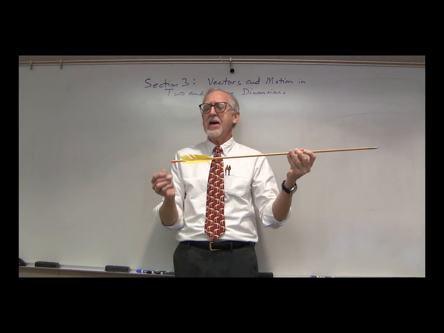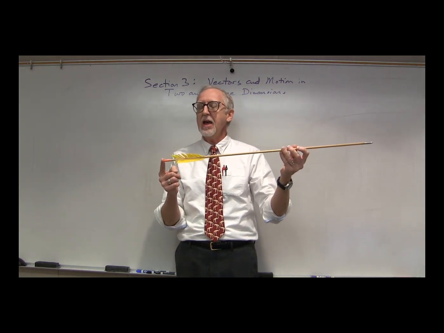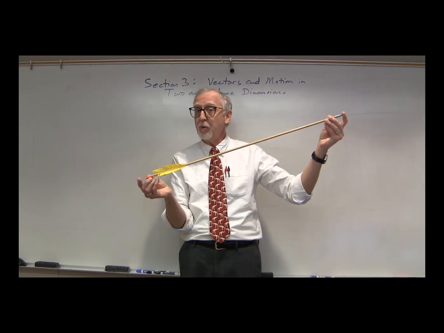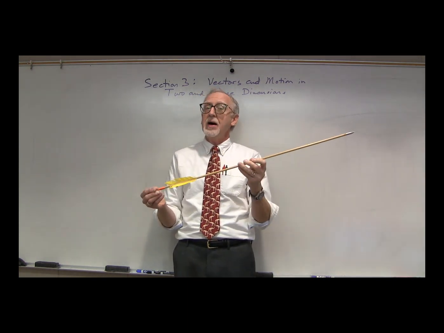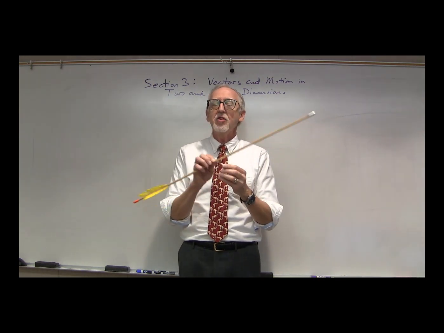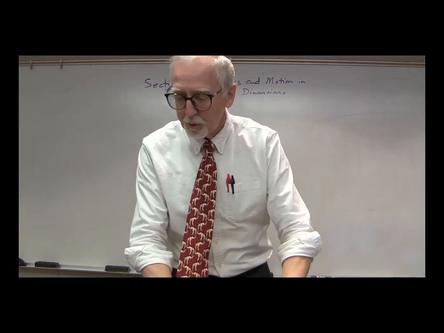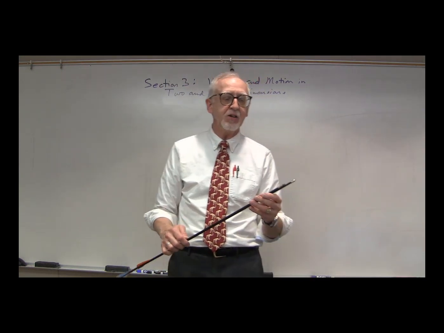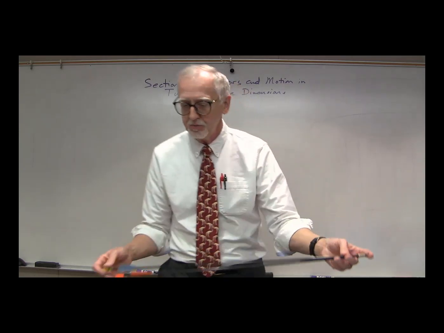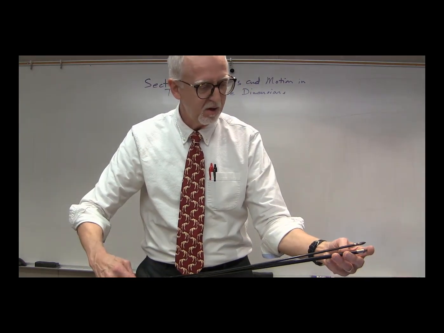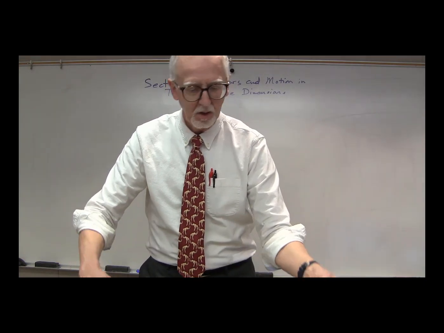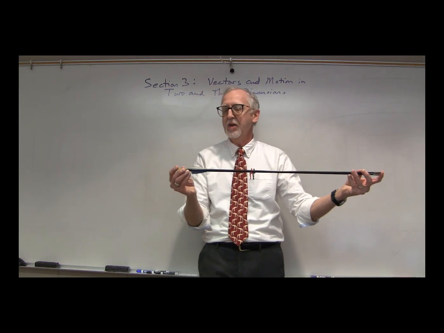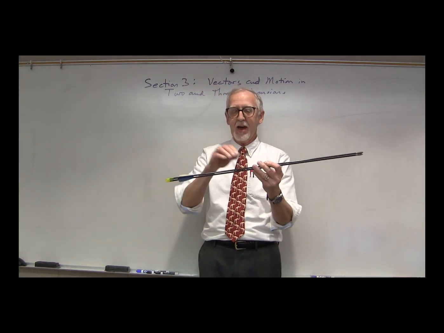Now, an arrow has some characteristics: it starts at a particular point and ends at a particular point. So, an initial point, a final point. But what I want to emphasize is that as long as 2 arrows point in the same direction and have the same magnitude, so if we look at these 2, how about these 2? Here we go. Here are 2 arrows that are the same length, so these vectors have the same magnitude.